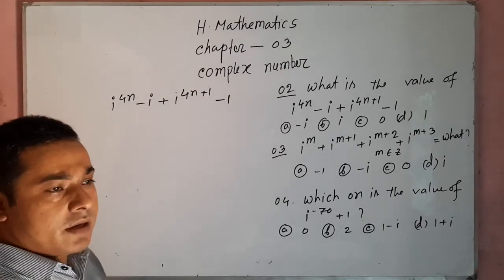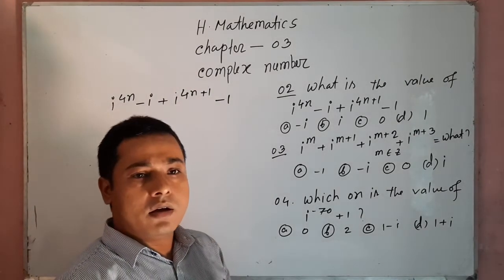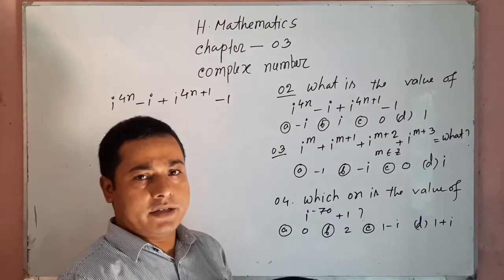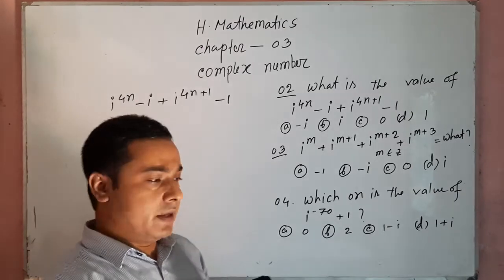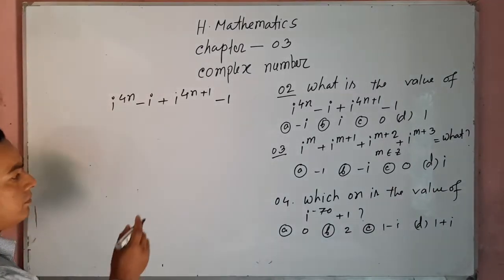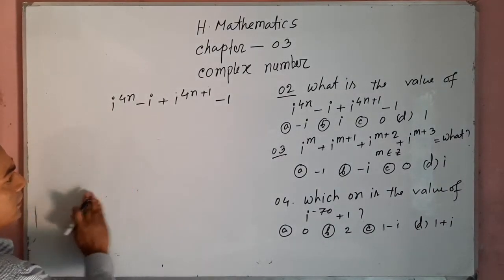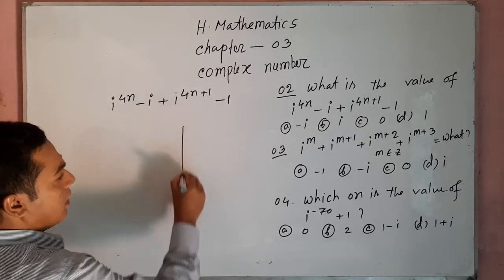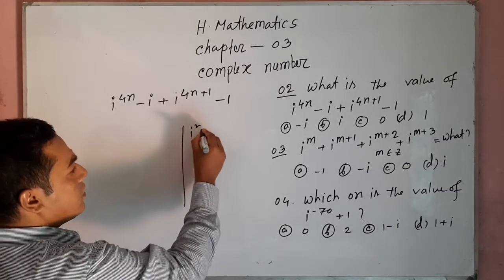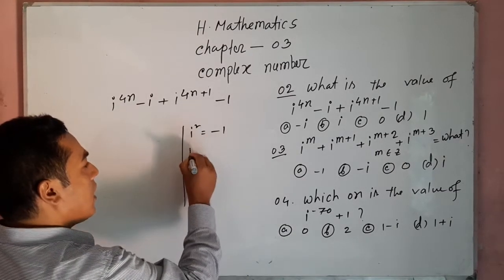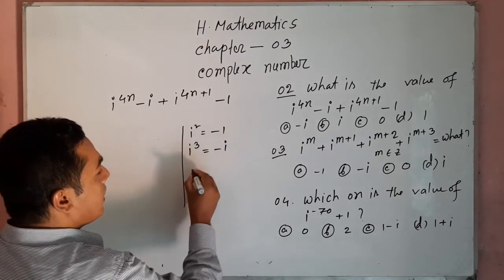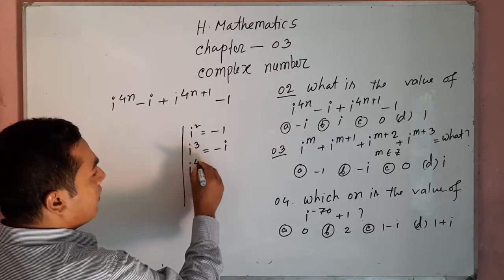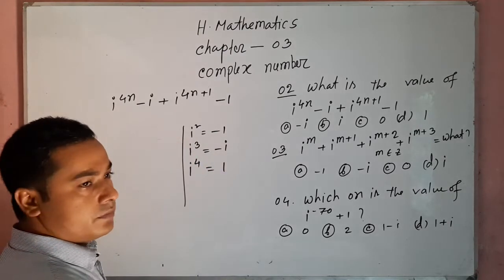Okay, my dear students, you have to memorize how to find the value of the powers of i. It is easy. You have to memorize i squared is equal to minus 1, i cubed is equal to minus i, and i to the power 4 is equal to 1.